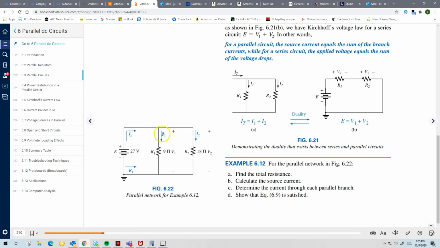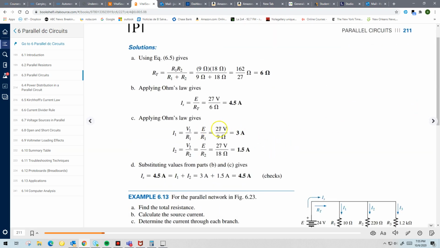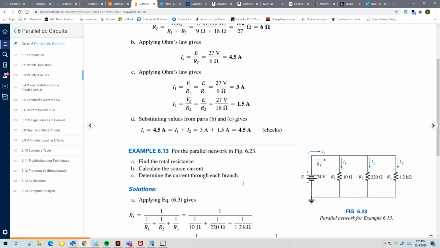So I1 will be 27 divided by 9, and I2 will be 27 divided by 18. 27 divided by 9 gives us 3 amps, and 27 divided by 18 gives us 1.5 amps. If we add those two together, we should have the total current being sourced again, which is 4.5 amps. So it checks.